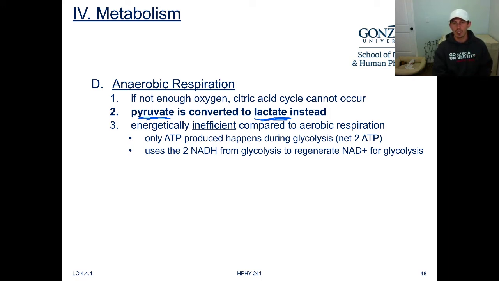So that's what I mean by energy inefficient. And in fact, in addition to no new ATP being generated, the anaerobic respiration also uses the 2 NADHs that we produced in glycolysis, and it regenerates it for NAD, all right?